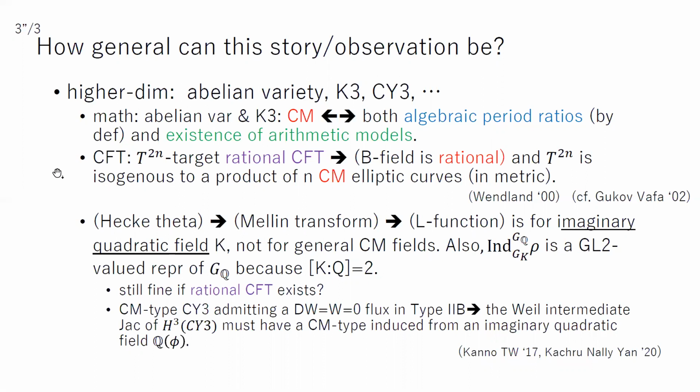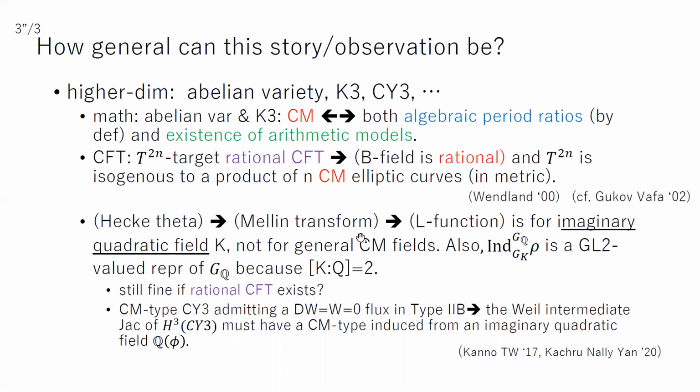In the result of Katrin Wendland in 2000, even when we think of the even dimensional torus target space with high dimension, at least metric-wise, it is isogenous to a product of CM elliptic curves. So in that case, it may be possible to introduce a complex structure to this even dimensional torus in such a way that the CM algebra of the cohomology of the complex torus has a CM type induced from that of the CM elliptic curve that we have as a simple component of the abelian variety.